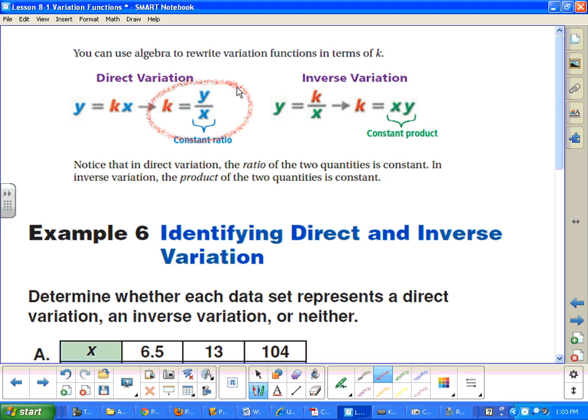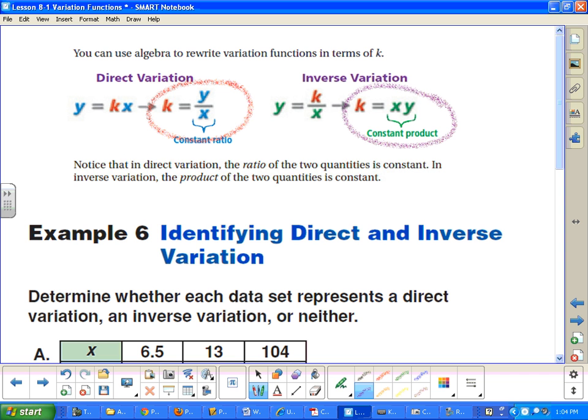And if it's inverse variation, then we have k equals xy, which they call our constant product. Okay? Constant ratio and constant product.